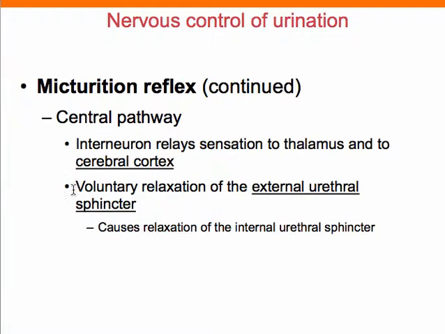And so after somebody is potty trained, then they learn to relax their external urethral sphincter on demand. And so as we relax the external urethral sphincter, that's going to cause relaxation of the internal. And once both are opened, then urine will flow.